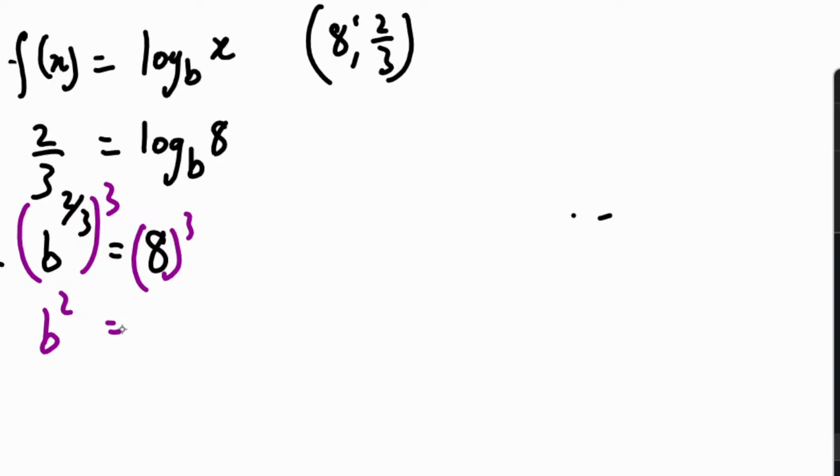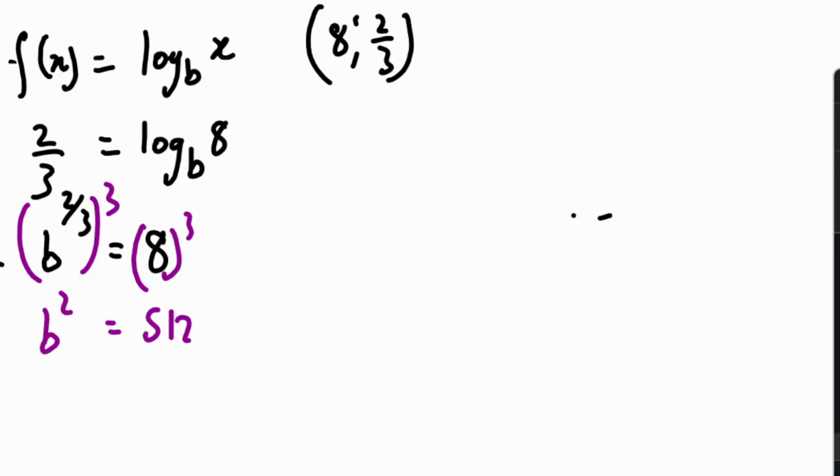Cubing leaves you with b squared here. And of course, on the right-hand side, it's 8 cubed. I don't know my cubes so well, so you'll forgive me. But 8 cubed is 8 times 8 times 8. I don't know if that's going to be 512. But then from here, you can find the square root of 512. That's one way to go about it.